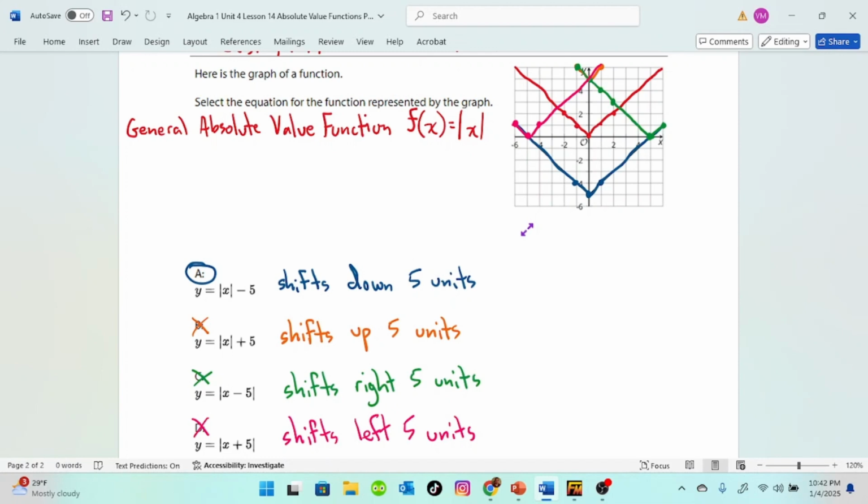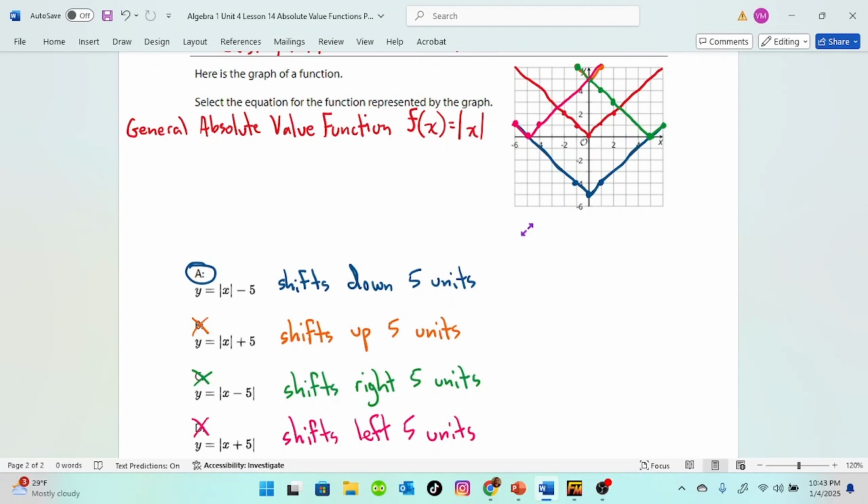we subtract outside the absolute value symbols, we shift down that many units from the origin. If we add outside the absolute value symbol, we shift up that many units from the origin.